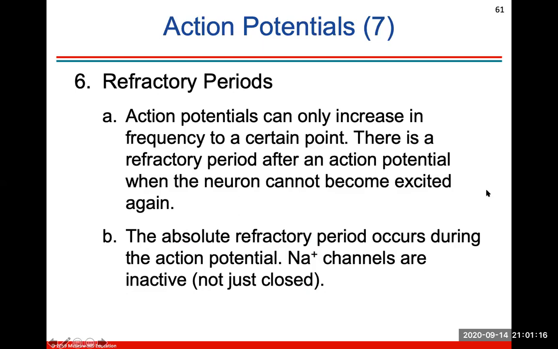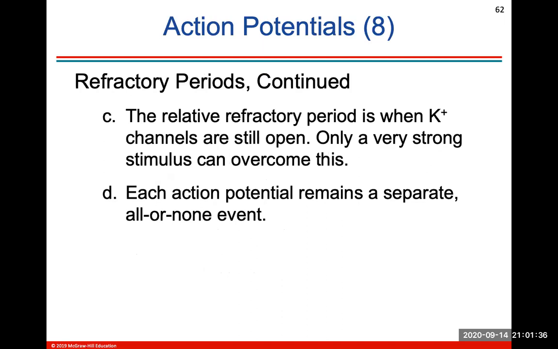Refractory periods are talking about how action potentials can only increase in frequency to a certain point, and the absolute refractory period will occur during the action potential when sodium channels will remain inactive. When sodium channels are inactive, they will be unable to open again due to this refractory period.